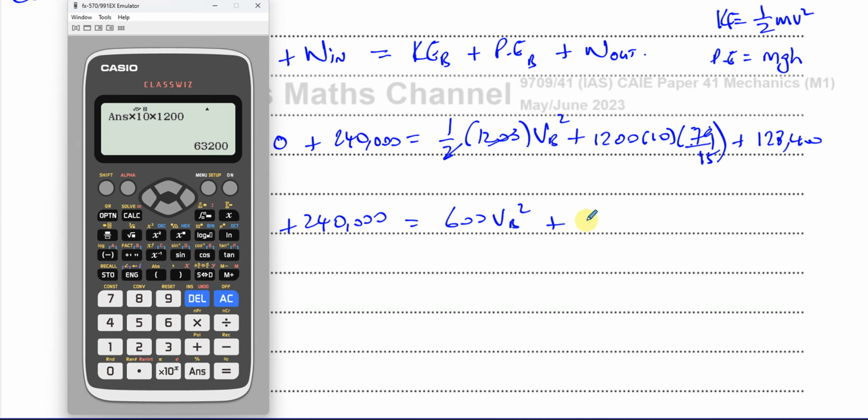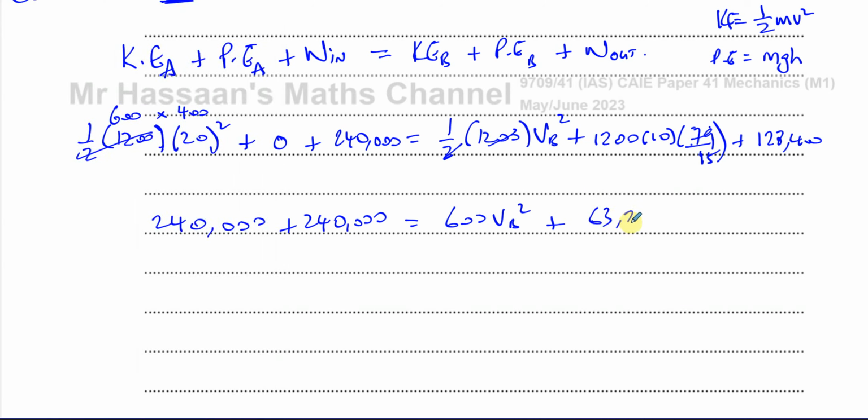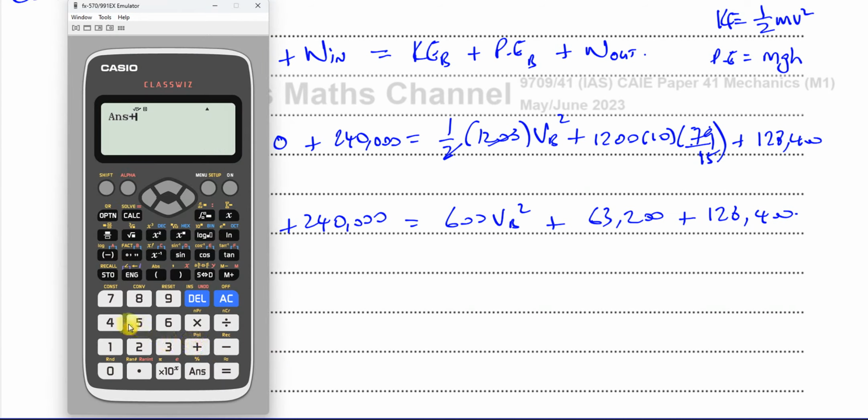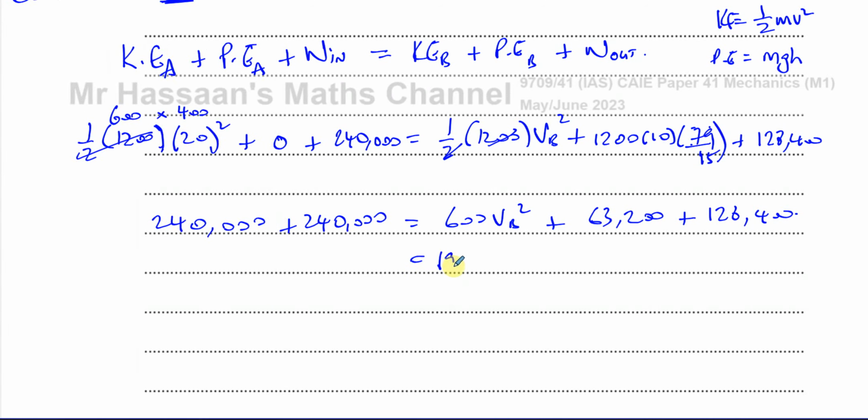That gives me 63,200, plus 128,400. Let's add these together. That gives me 191,600 plus 600 VB squared equals 480,000.